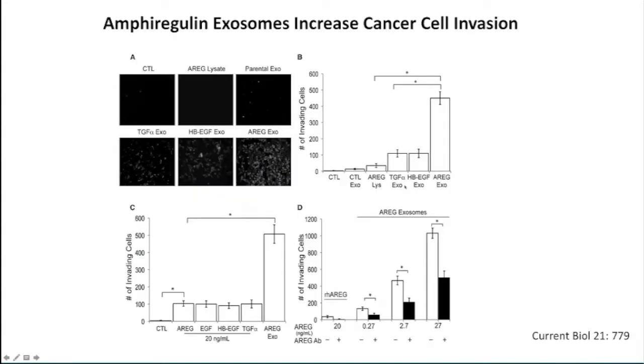In the next slide, a Matrigel invasion assay showed that incubation with exosomes enriched for EGF receptor ligands on their surface gave an increase in the number of invading cells, and further it was exosome dependent in other experiments that they did.